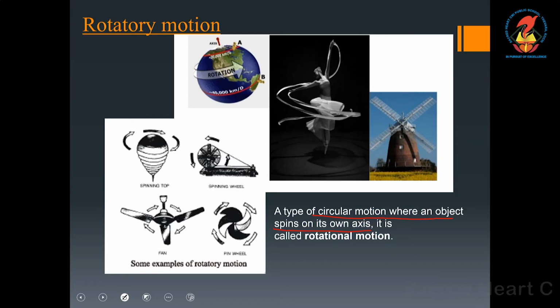Then a spinning top. It will spin on its own axis, or it will rotate on its own axis. Then a fan. Movement will be there from its own axis. Pinwheel. Then spinning wheel. Then windmill.